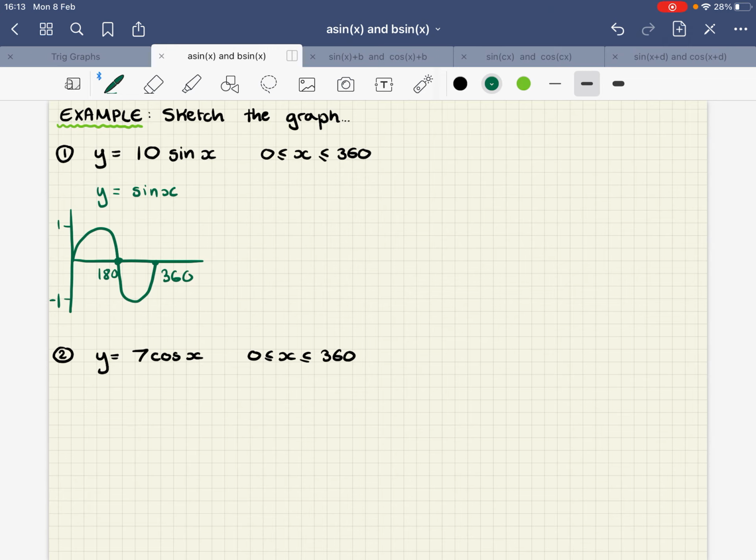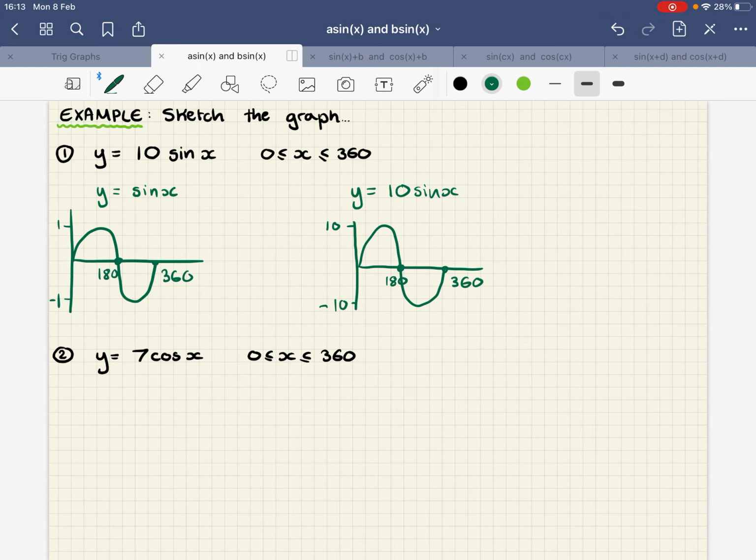So that's my basic one. So my y equals 10 sine x, the shape's going to be the exact same. I'm still going to pass through 180 and 360. But remember, now I've changed my amplitude from 1 to 10. So that's going to be 10 at the top and minus 10 at the bottom.